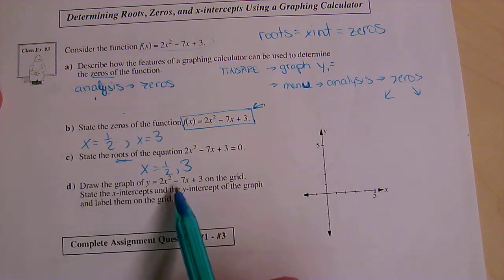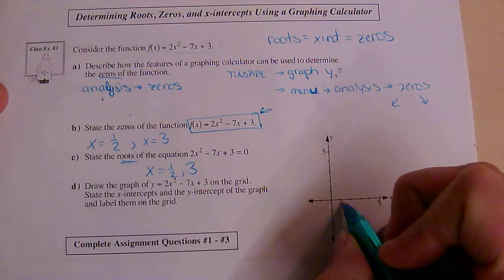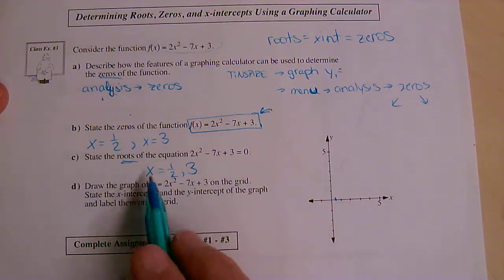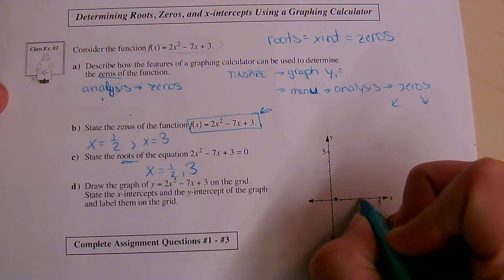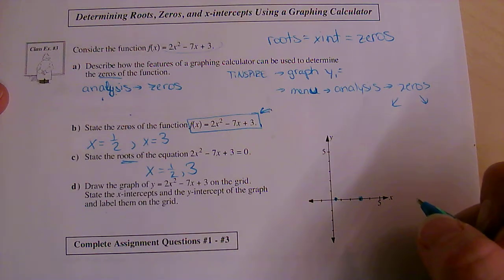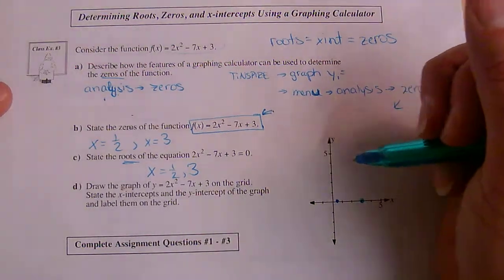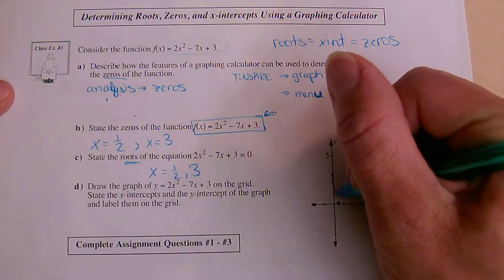And then the last part, draw the graph on the grid. So you notice these are going up by ones, so that first 1/2 would go in between there. So that's one x-intercept, and then the other one would be right there. And I think the y-intercept's around there. I think it's 3.